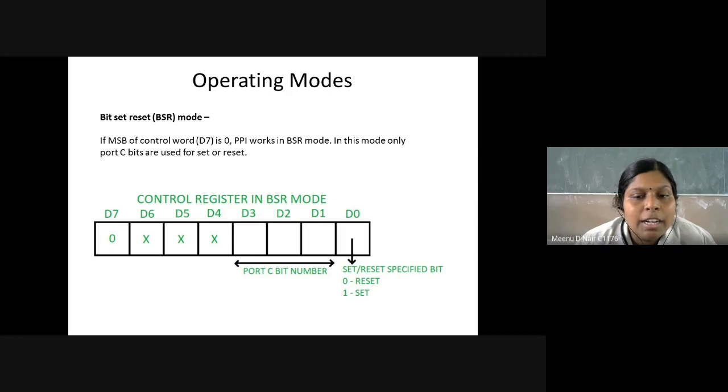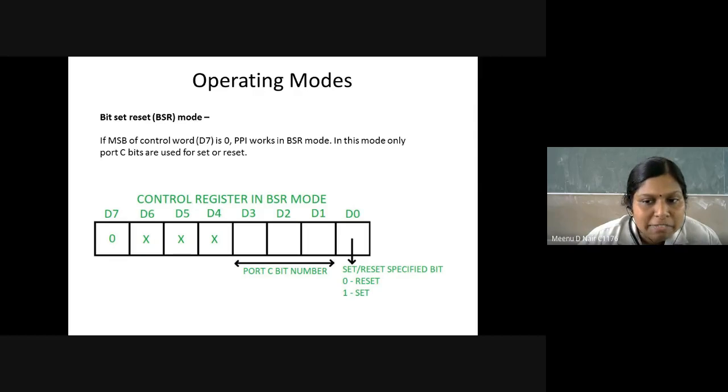You will get the equivalent of PC0. Then 0, 0, 1 is equivalent to PC1. Then 0, 1, 0 is equivalent to PC2. In a similar way, you vary these numbers. Which bit you need to set or reset, that number you have to substitute here in D3, D2, D1.